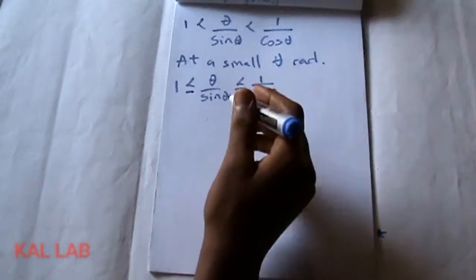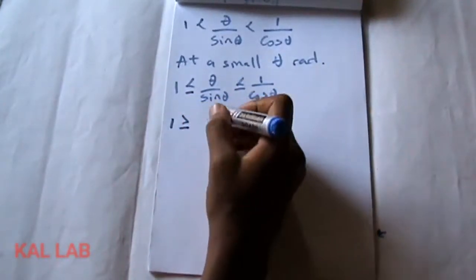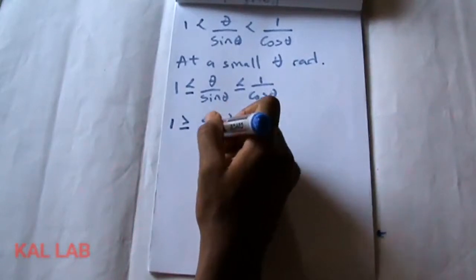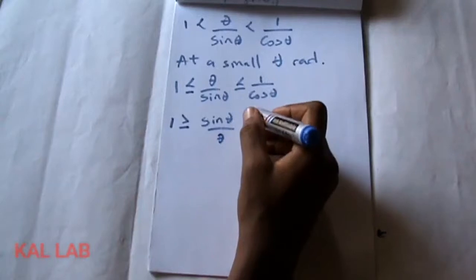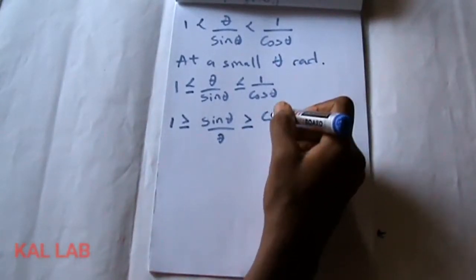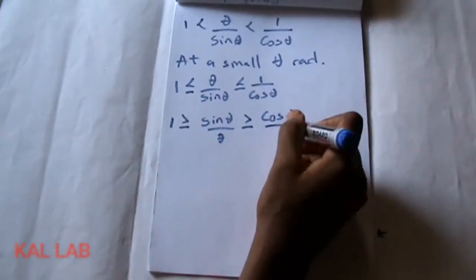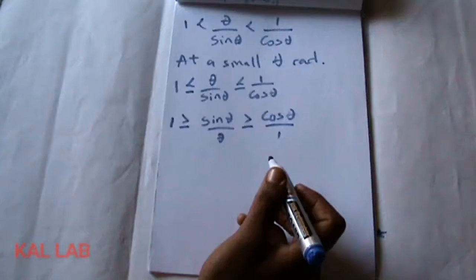If we invert all of this, we see that 1 is greater than or equal to sine theta over theta greater than or equal to cos theta over 1. By inverting all this, the signs change too.